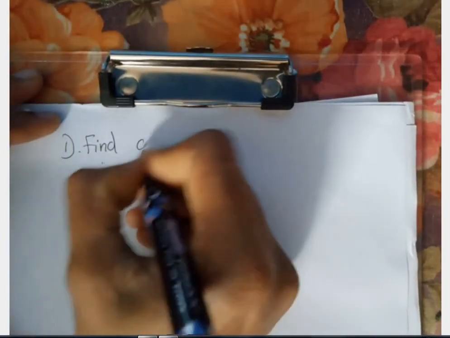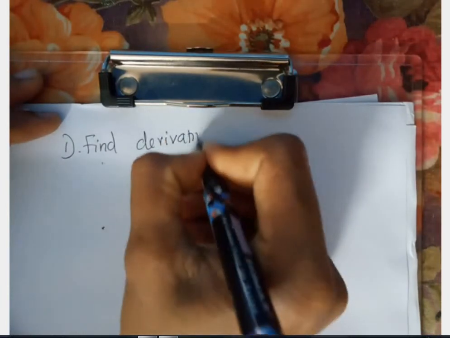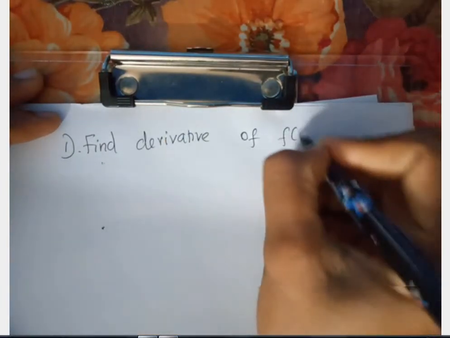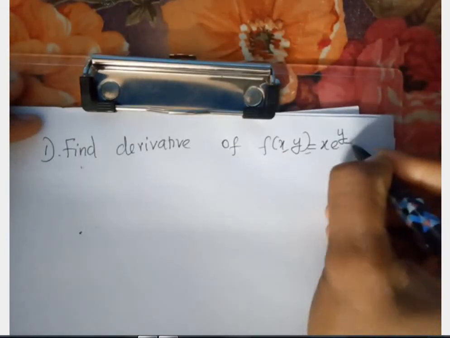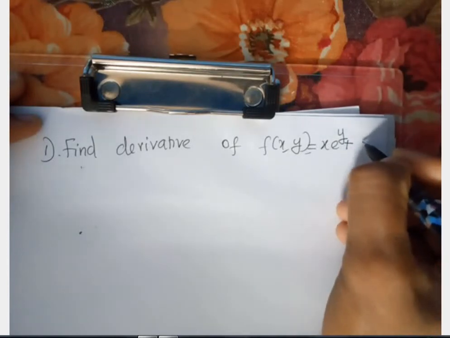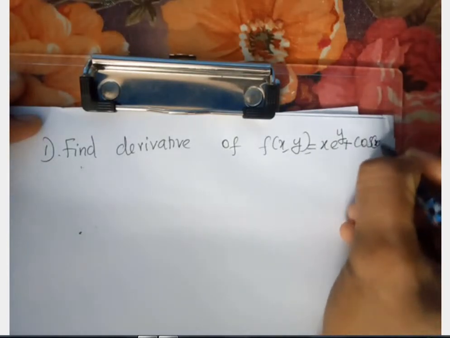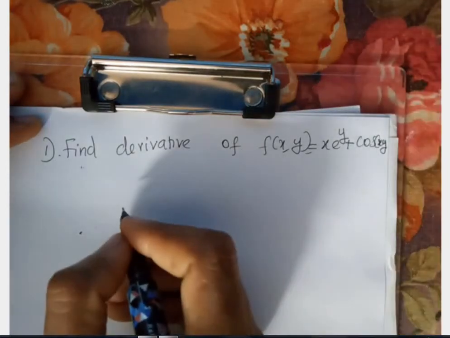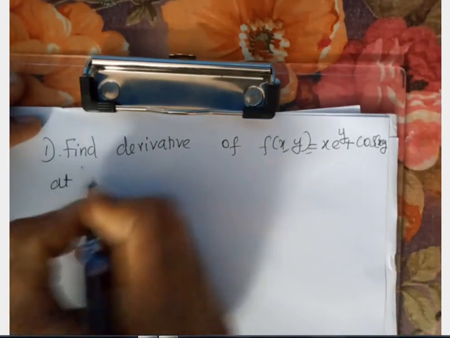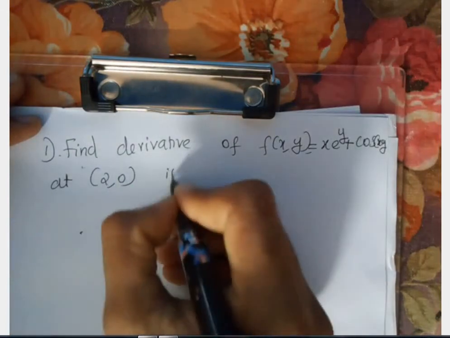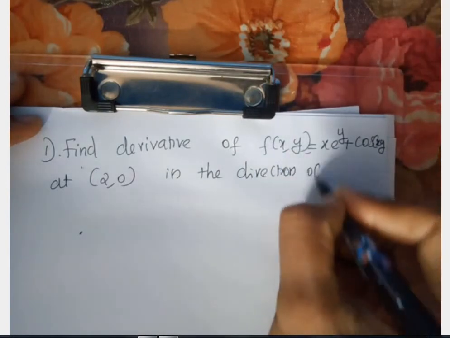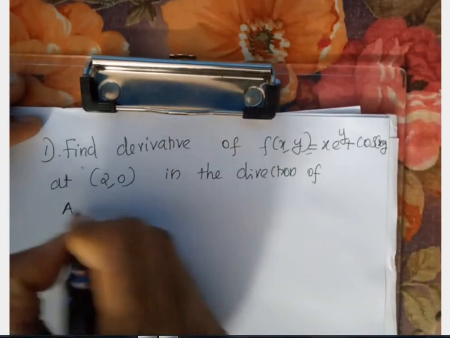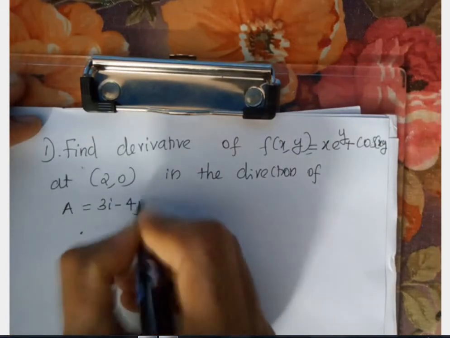The question is: find the derivative of f of x y equal to x times e raised to y plus cos x y at the point (2, 0) in the direction of a equal to 3i minus 4j.